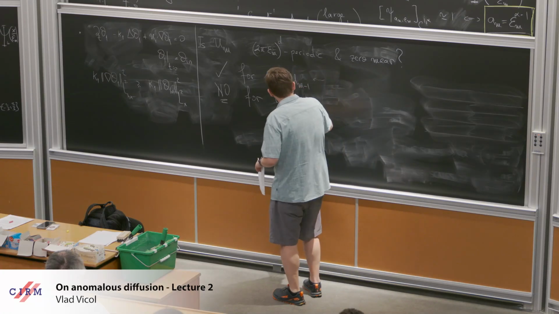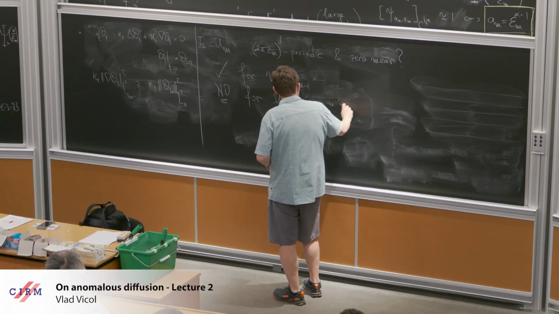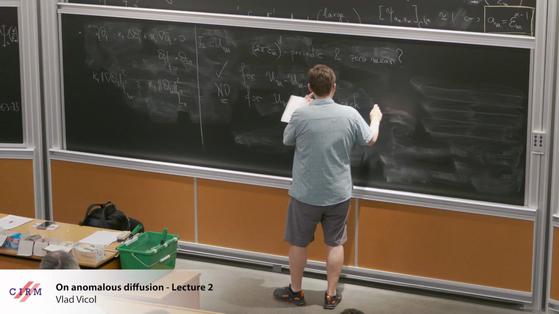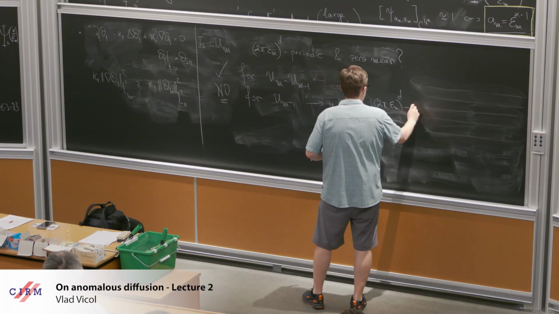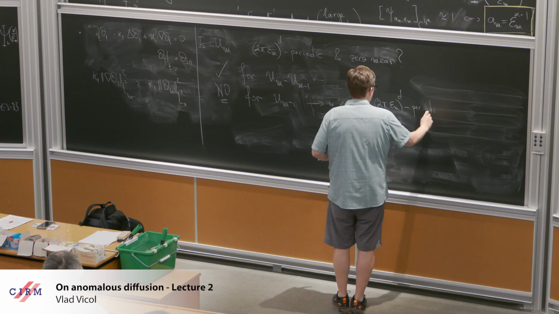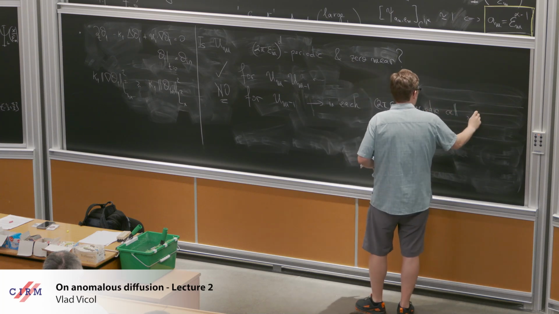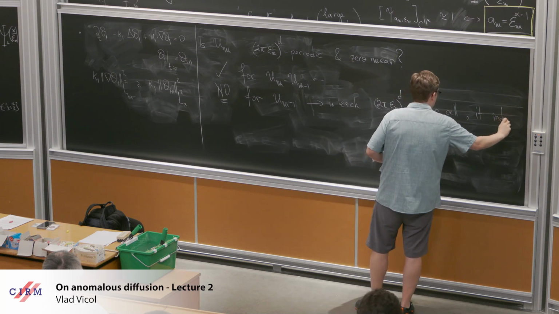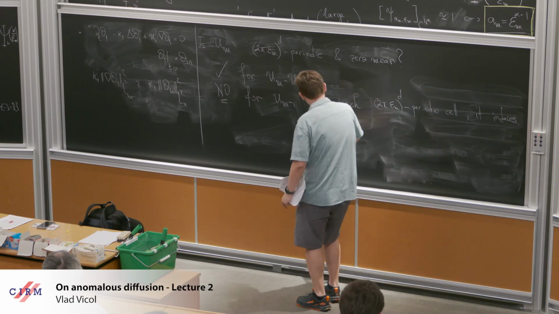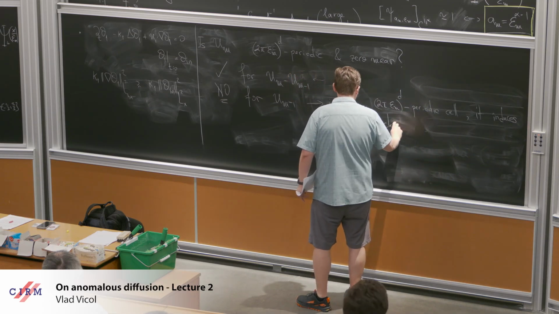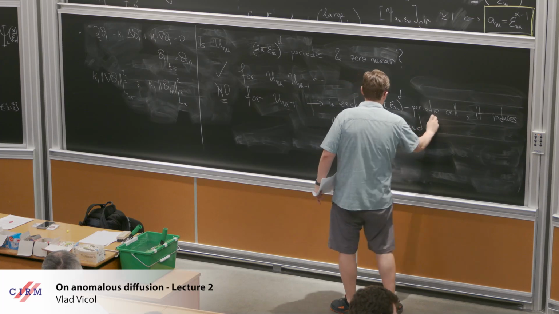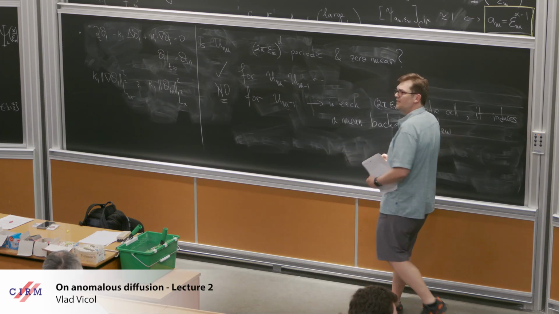And so this induces in each 2 pi epsilon m to the d periodic cell a mean flow, mean background flow, which is essentially a constant.